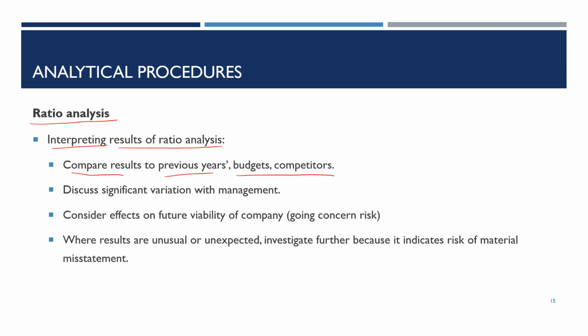If there is a significant variation, then the auditor discusses the variation with management and tries to find out the reason behind it, and also considers the effect of this variation on the future viability of the company, or whether there is any going concern risk. And where results are unusual or unexpected, the auditor further investigates, because this indicates a risk of material misstatement.